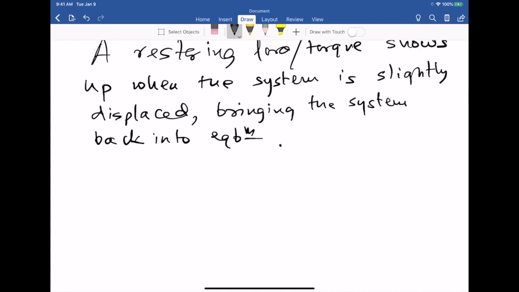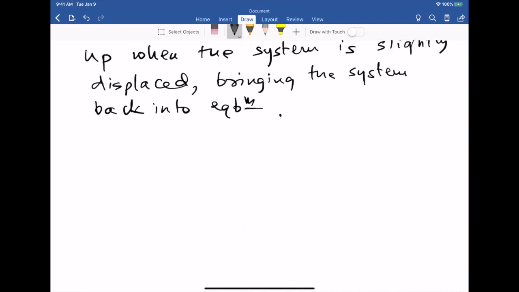Okay, now let's look at some more examples of stable equilibrium. Another example would be if you have a bottom-heavy object. So just imagine this triangular object.